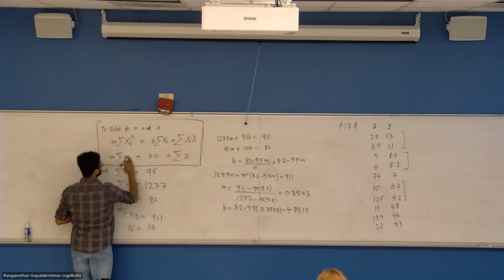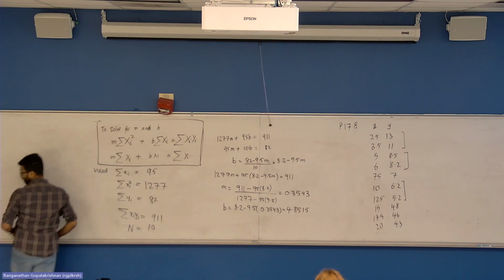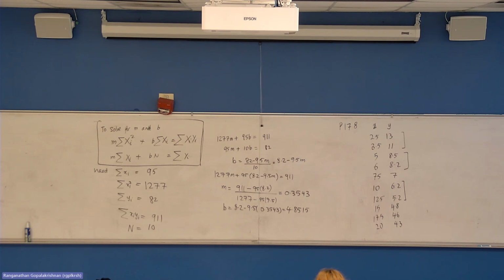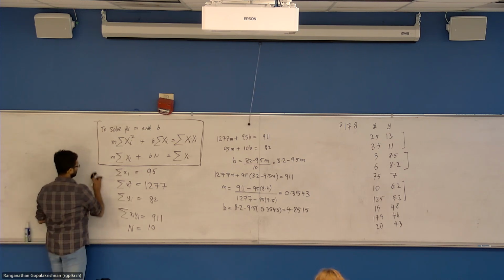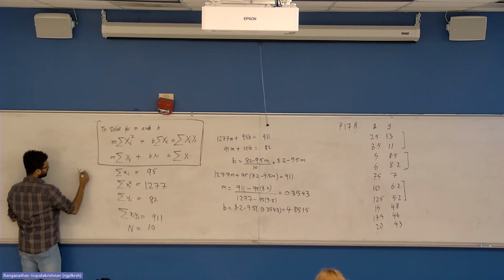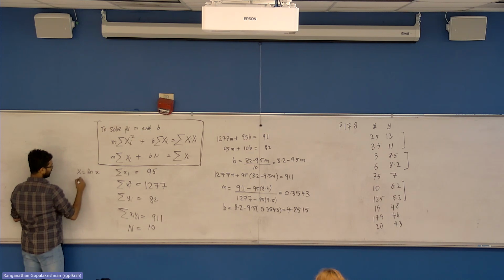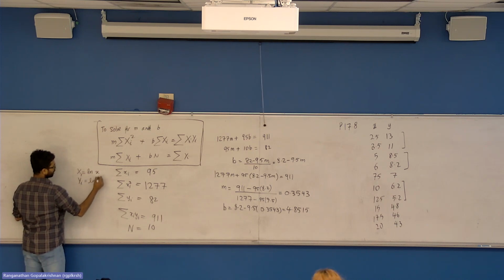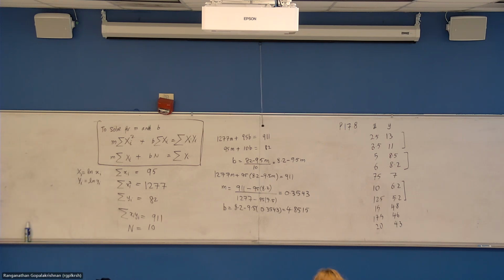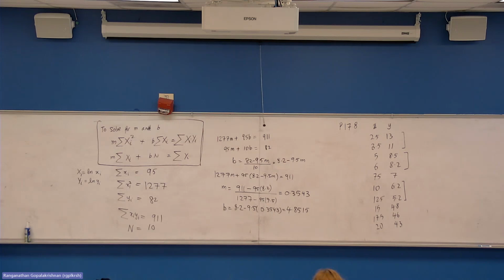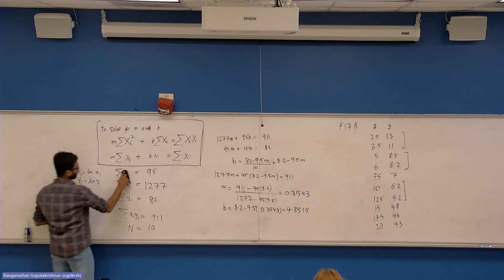And what is uppercase X and uppercase Y? Uppercase X is natural log of X and uppercase Y is natural log of Y. Right? So with the values that you do have in front of you, can you go ahead and solve for M and B?